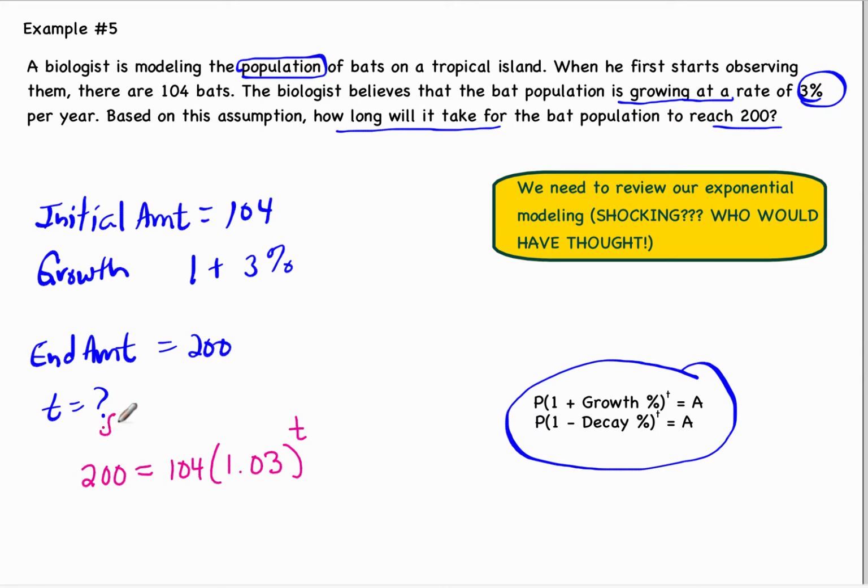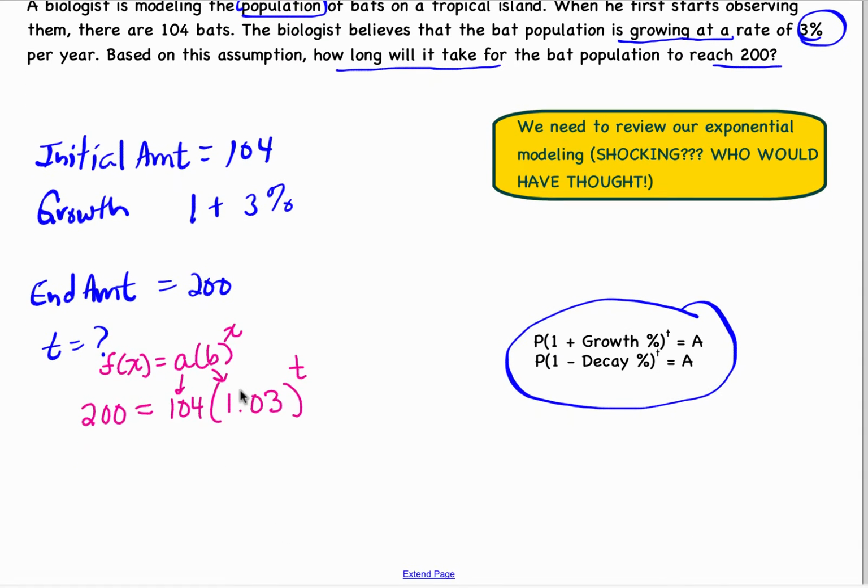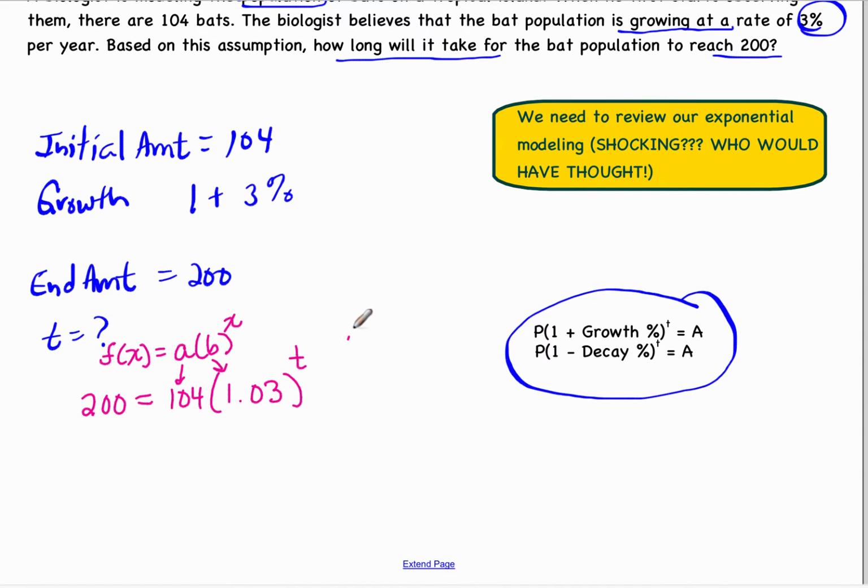This is the old f of x equals a base x. Initial amount, that's our base, and that's our time. So if I started this, I got to get to that t. So immediately my brain knows, since it's an unknown exponent, logs.